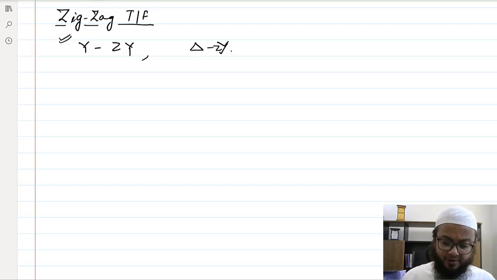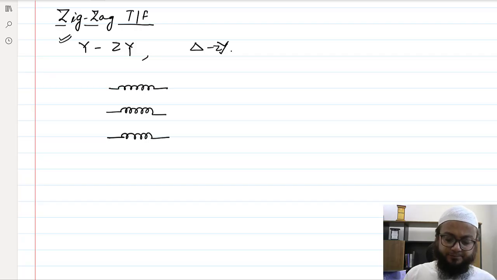So in this type of connection, the primary is the normal convention star transformer, like we have seen before. Let's say A1, A2 here, B1, B2 here, and C1, C2 here, and these are the dots here.